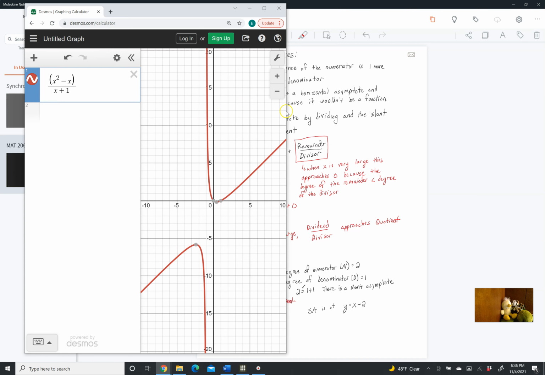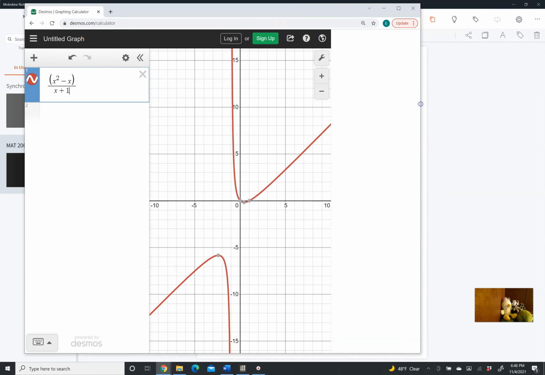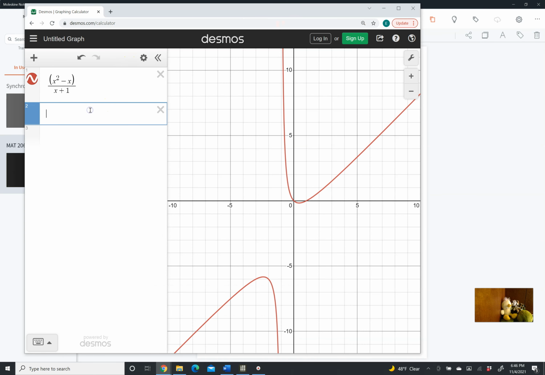And just so that you see what we mean by a slant asymptote, we said our slant asymptote is at x minus 2. You can see here that our graph does approach x minus 2. It gets really close to it as x goes to positive infinity and as x goes to negative infinity. Okay, so this is an example of a reciprocal function with a slant asymptote.